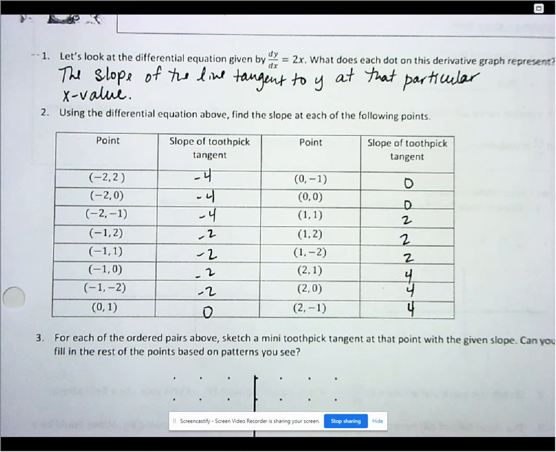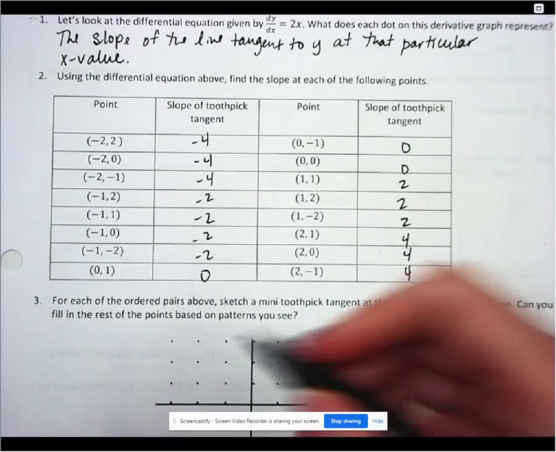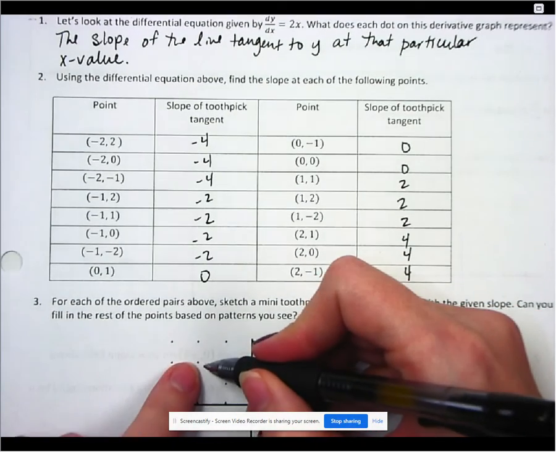All right, so for each of those ordered pairs above, we're going to sketch a mini toothpick, a little bitty tiny slope line segment at that point with the given slope. And then we're going to fill in some patterns. And so the point -2, 2 is this point right here.